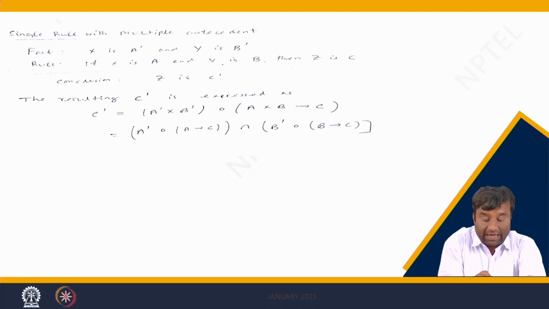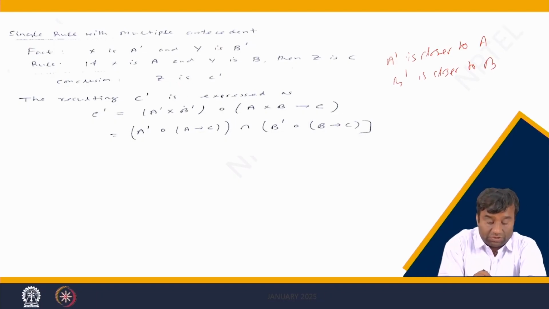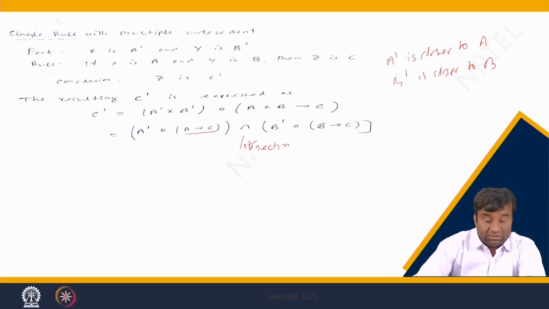The rule is that if x is A and y is B, then z is C. It is given that the fact x is A dash, closer to A, and y is B dash, closer to B. So the resulting z is also closer to C. You can write C dash is equal to A dash composed with A cross C, intersection with B dash max-min composed with B cross C. So these are the modus ponens.